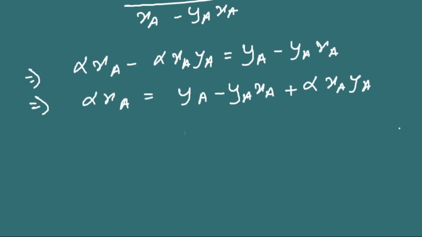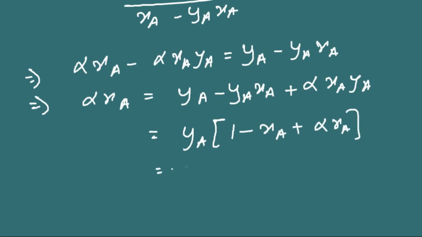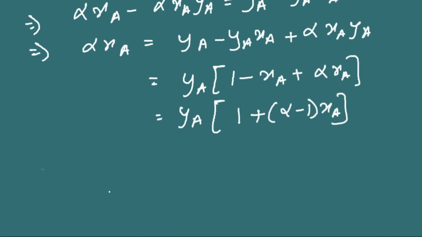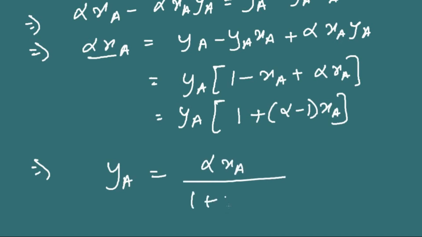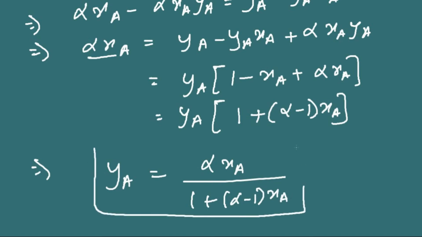From here, if I take YA common, I get YA times (1 minus XA plus alpha XA). I can further write this as YA times (1 plus (alpha minus 1) XA). So YA is equal to alpha XA divided by (1 plus (alpha minus 1) XA). This is the important relationship.